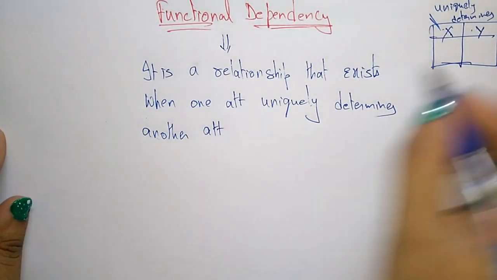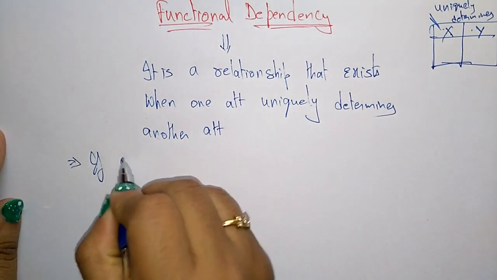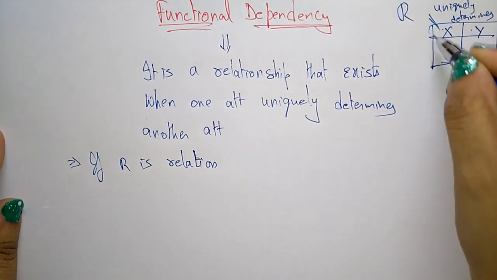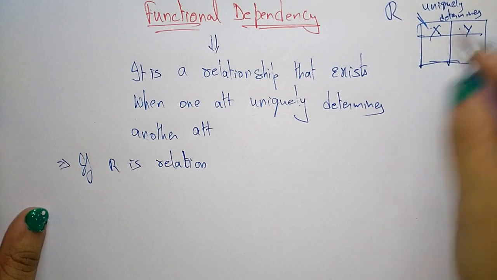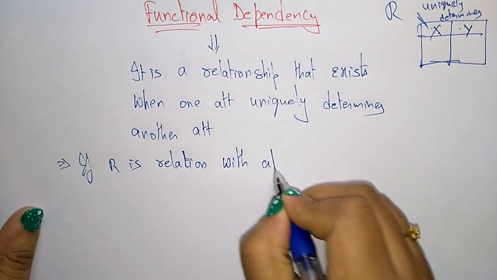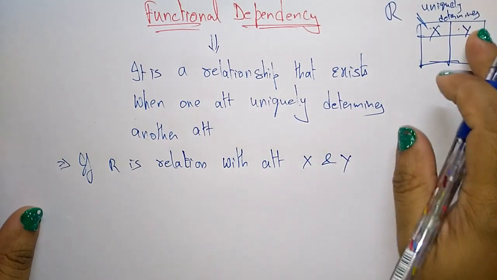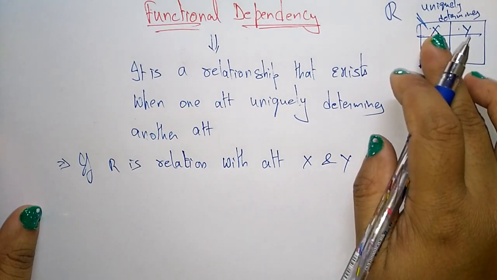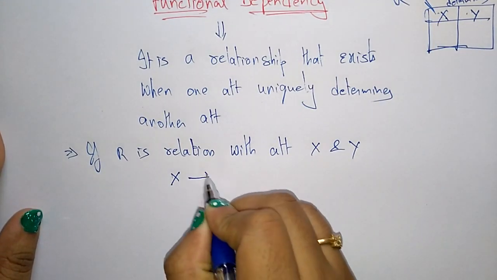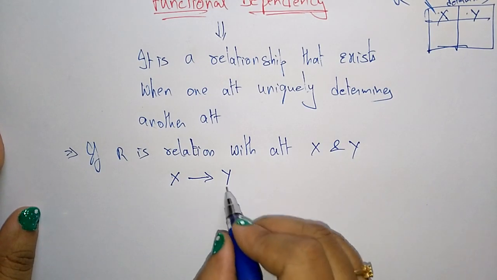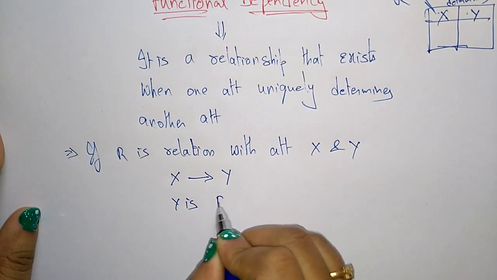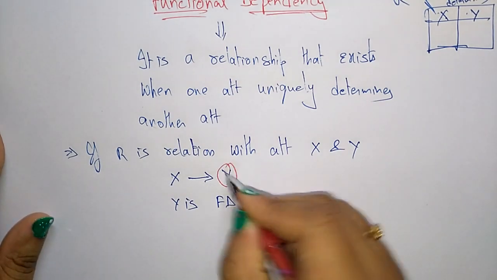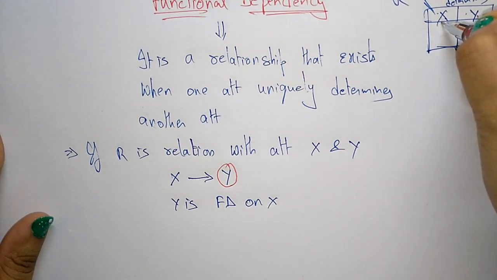Let us take R as a relation, which is a table, with attributes X and Y. A functional dependency between these two attributes is represented as X points to Y, which specifies Y is functionally dependent on X. It means the Y attribute depends on the X attribute.